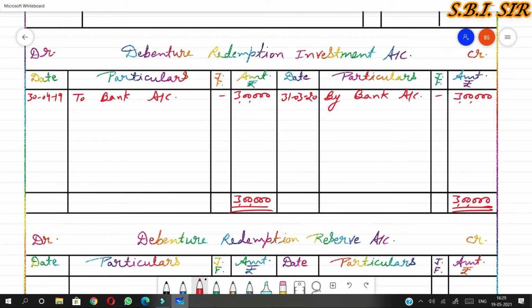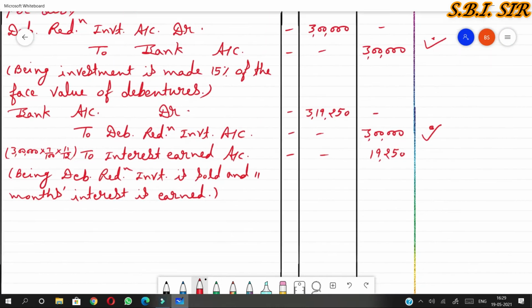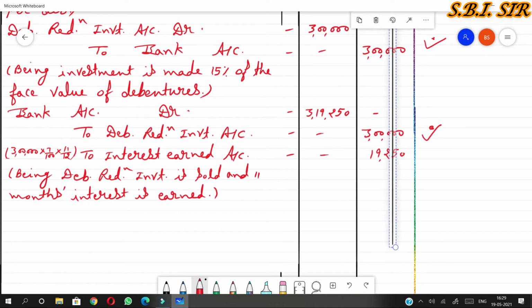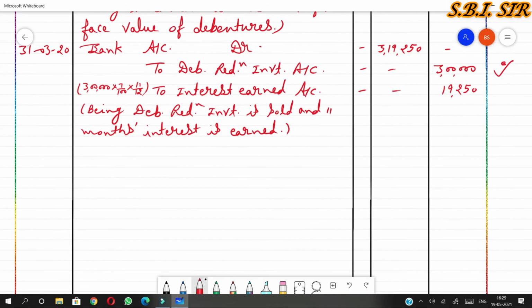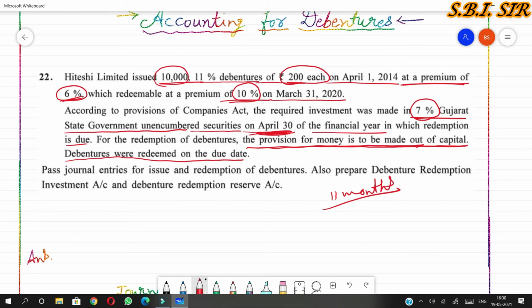In the next entry we will transfer a necessary amount to debenture redemption reserve account. Here it is written that the provision for money is to be made out of capital, means we have to transfer 25% of face value of debentures to debenture redemption reserve account.